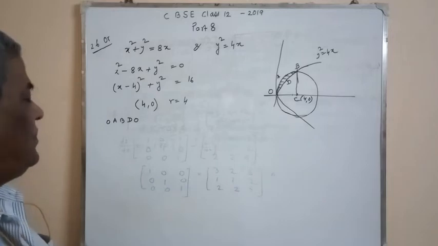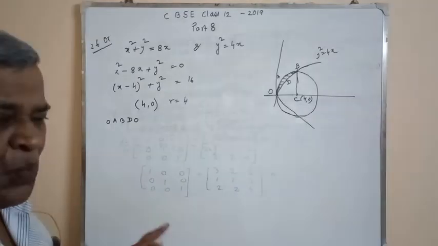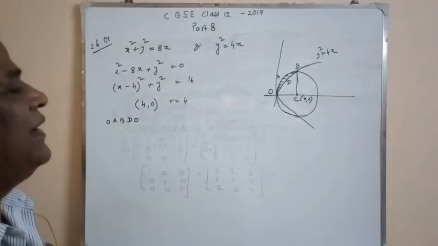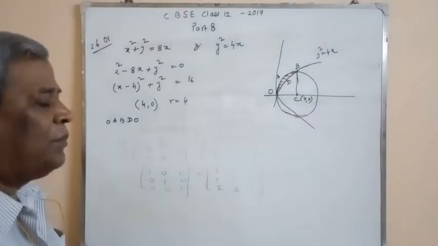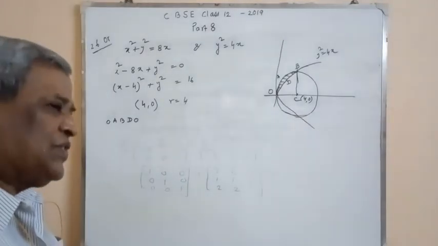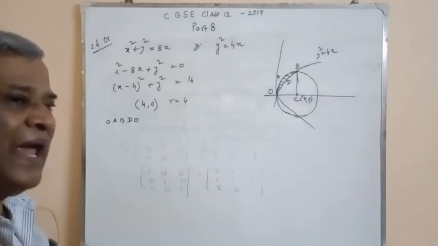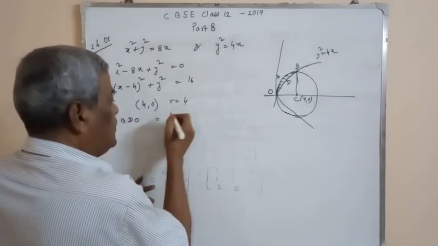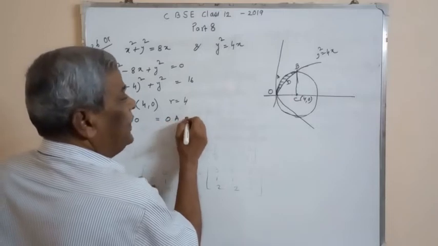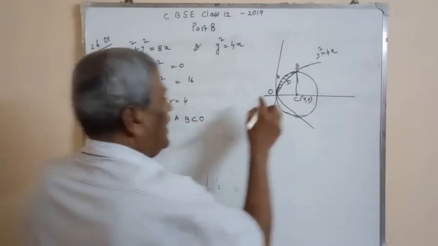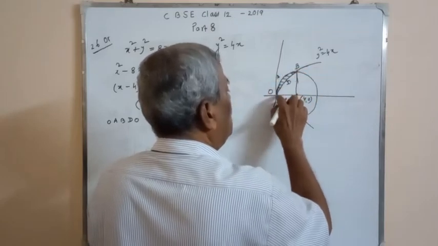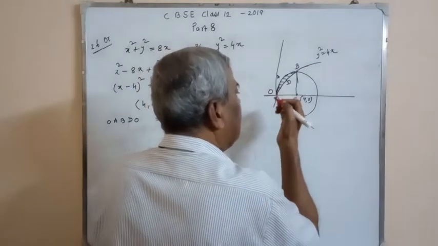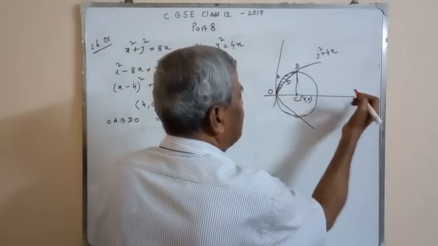Actually, there is no x-axis or y-axis as a boundary line in the region. In order to get its area by integration, we must have either the x-axis or the y-axis as a boundary line. For that purpose, I can write it as O, A, B, C, O. I have taken this region, and here one boundary line is the x-axis.